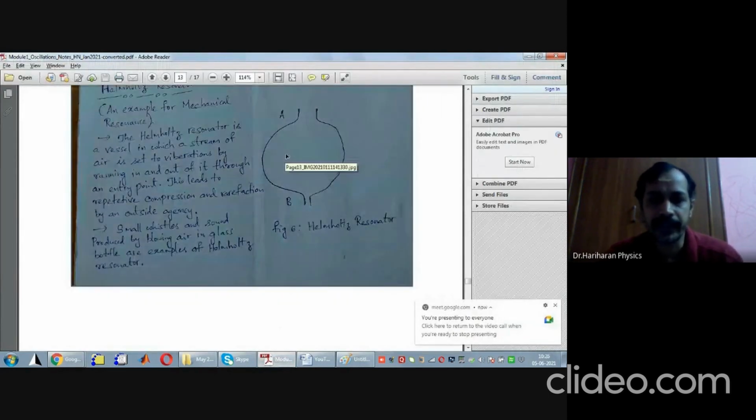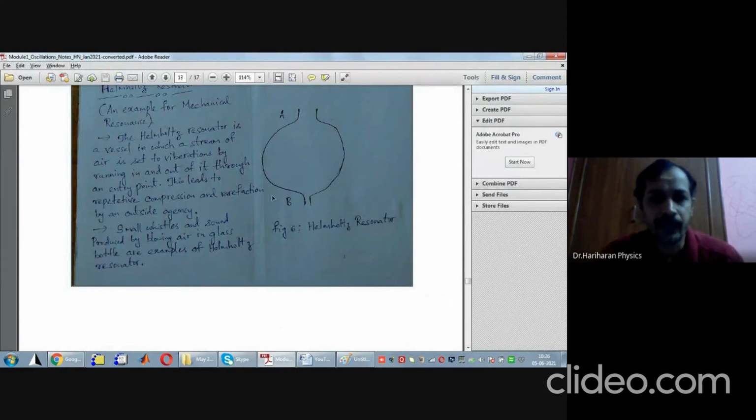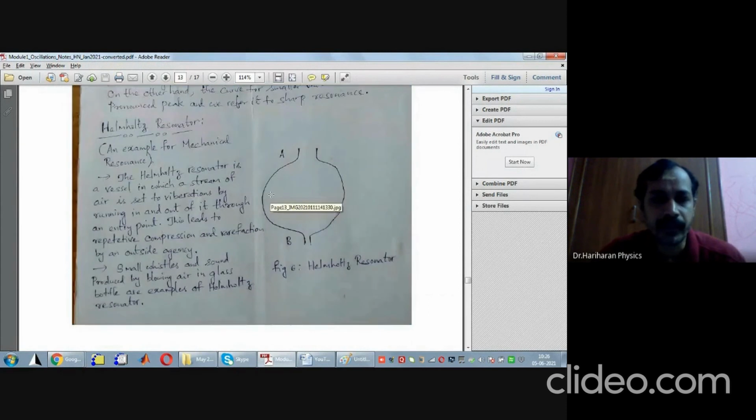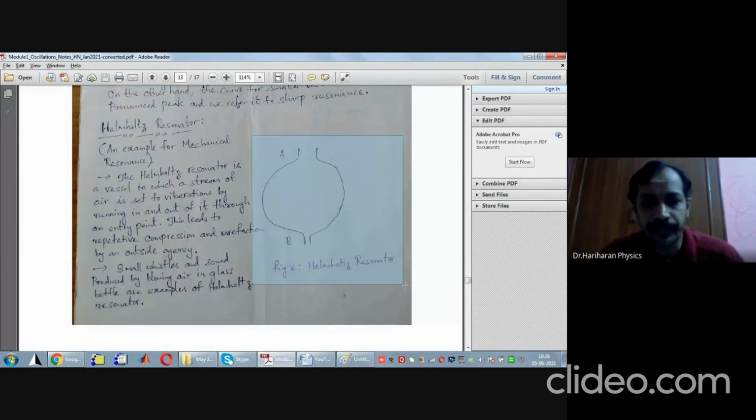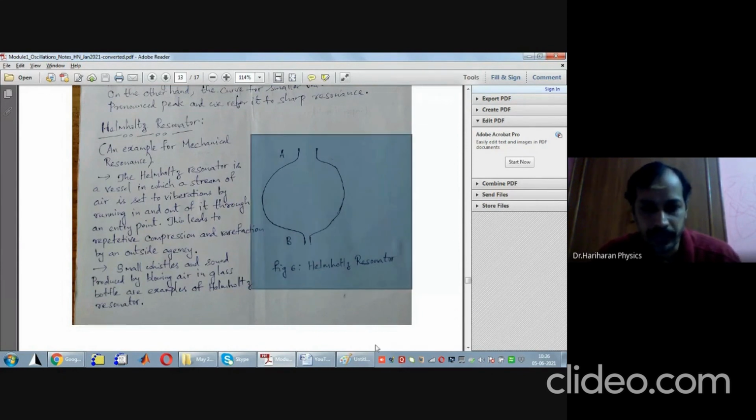So again, it is almost the same thing. I'll just briefly tell in a few sentences. So what does the Helmholtz resonator consist of? Look here. So the Helmholtz resonator is this. Okay, so I copy this.